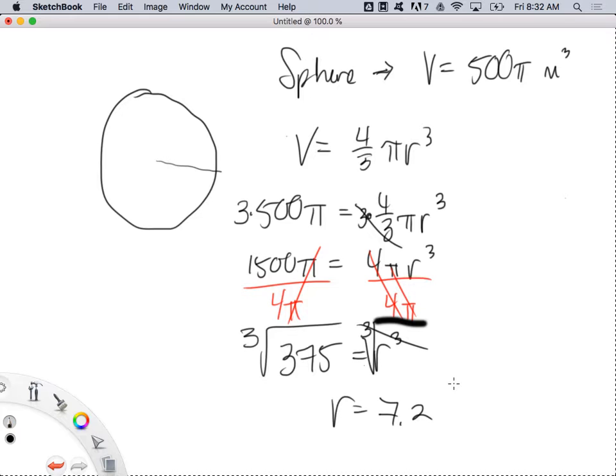Look, you don't use that button. You use this button. You see that? So you hit 3 second, then 375. See? I can't see everyone. So you hit 3 second, this one, then 375. So you see how that makes it the cube root? Does that make sense?